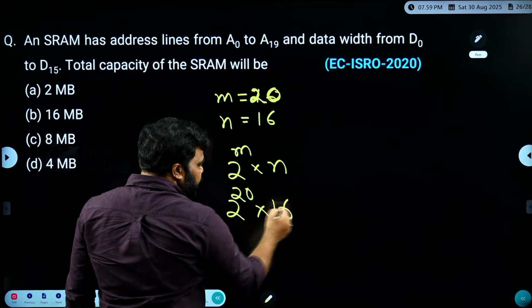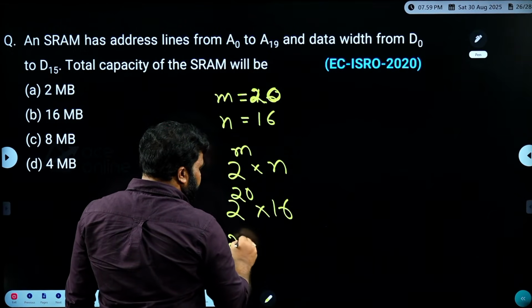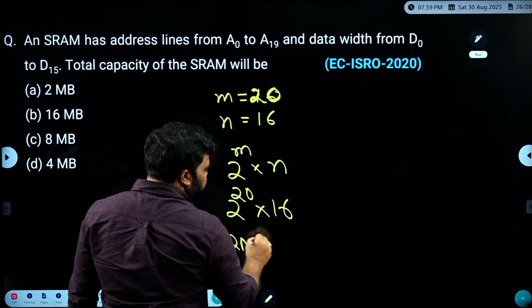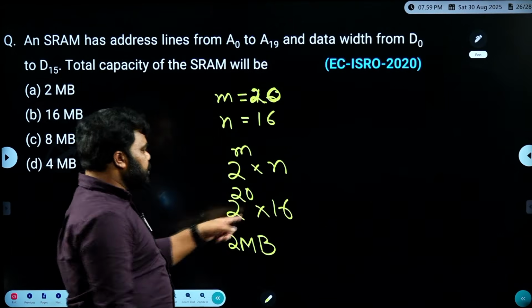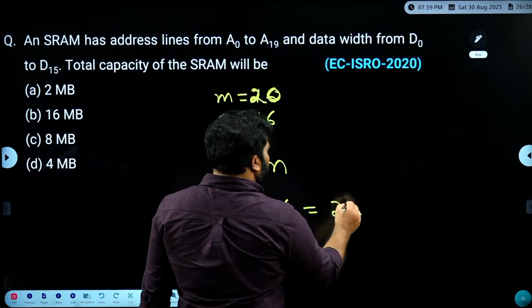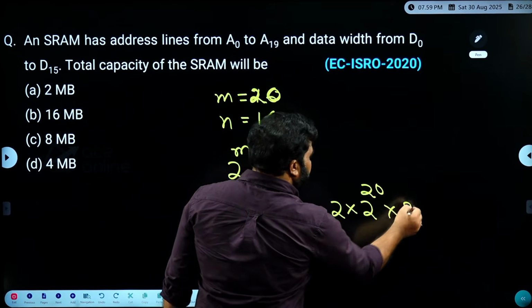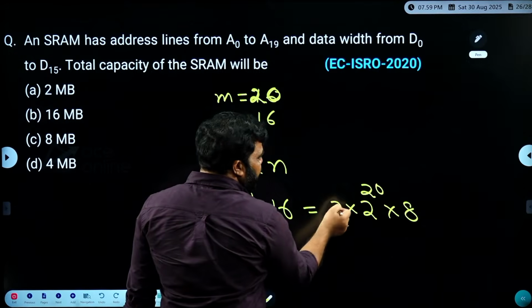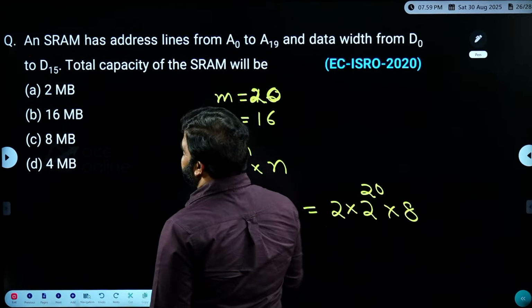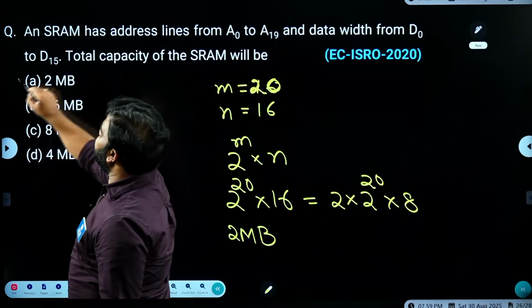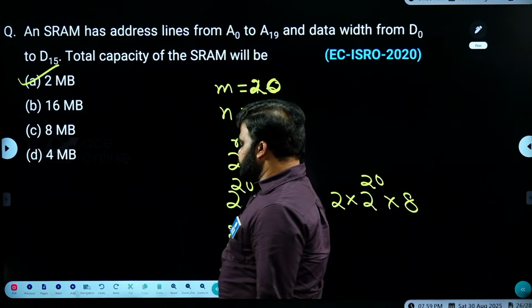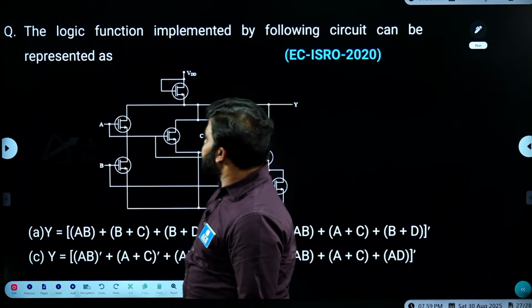So it is 2 megabytes, because it is written as 2 into 2 power 20 into 8. So it is a byte, it is mega, it is 2 megabytes. So the answer is A for this question. Now let us see the next question.